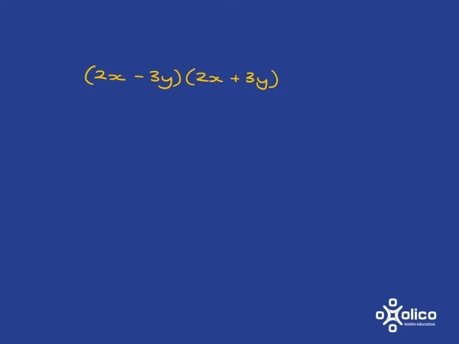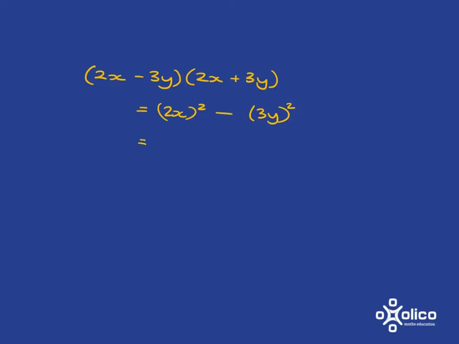And this pattern means that even if it looks revolting, it's actually really easy to do. If we've got this, where we've got the same thing here, the only thing that's different is this has a minus and this is a plus, we're going to get out a difference of two squares. So the first term is going to be 2x squared, and it's a difference, so minus, and then our last term will be 3y squared.